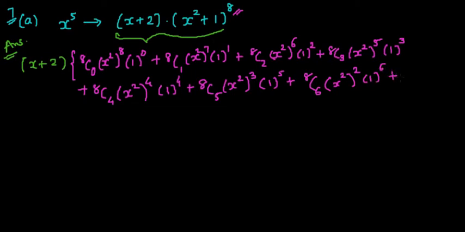Similarly, the last two terms will be like this only. 8c7, x square has 8 minus 7 is 1 power, and 1 has 7 power. And the last term will be 8c8, x square has 0 power, and 1 has 8 power.